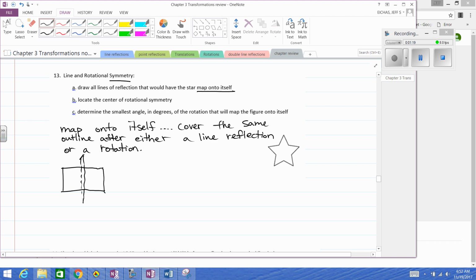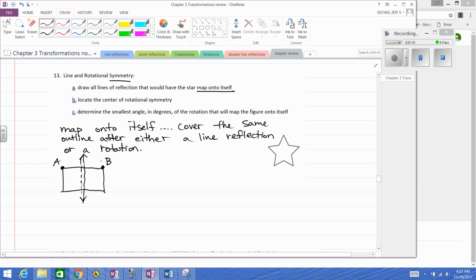If we line reflect over that line, what's going to happen is this point, we'll call it A, will end up mapping onto B. Okay? Now, obviously, A prime doesn't land back on itself in the exact same location, but it lands on something on the other side that it has a match with.